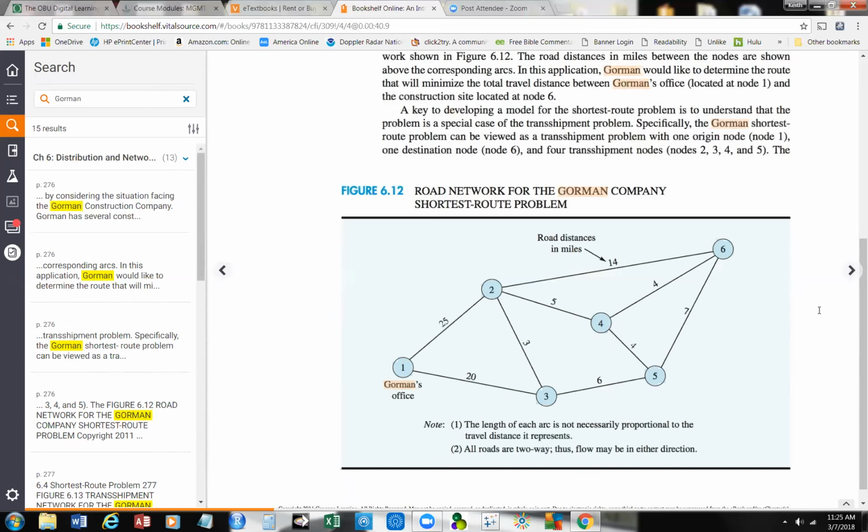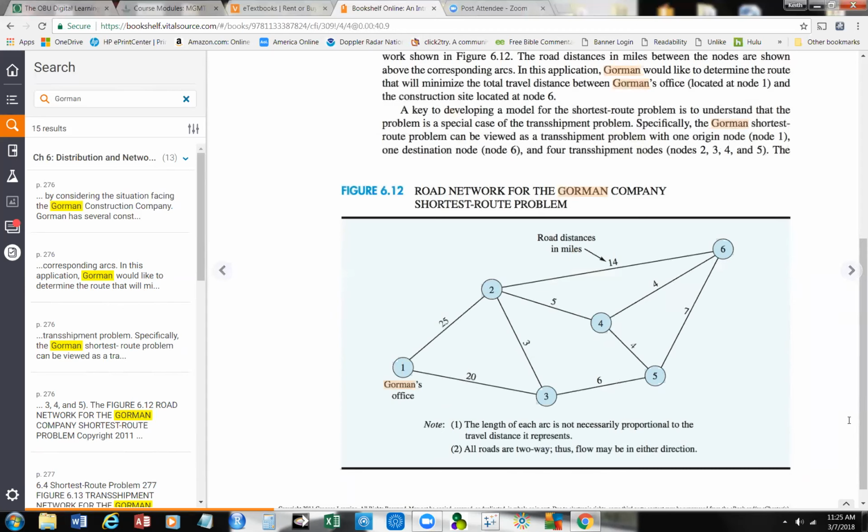But this is a little bit different problem than we had before. When we had those nodes that were origin points, and then we had the distribution centers, that's fairly straightforward. This becomes a little more complex, because we have here a true network where theoretically everything is connected to everything.